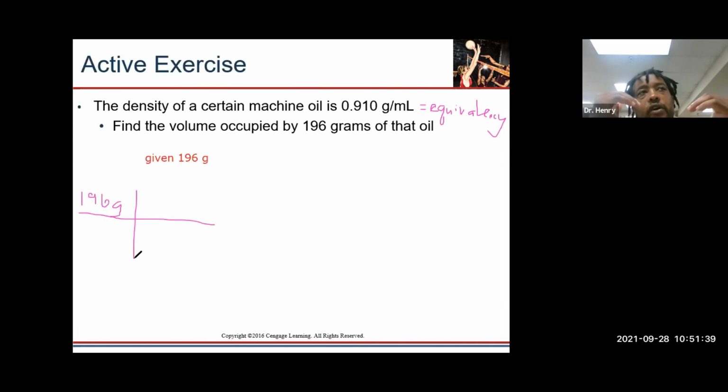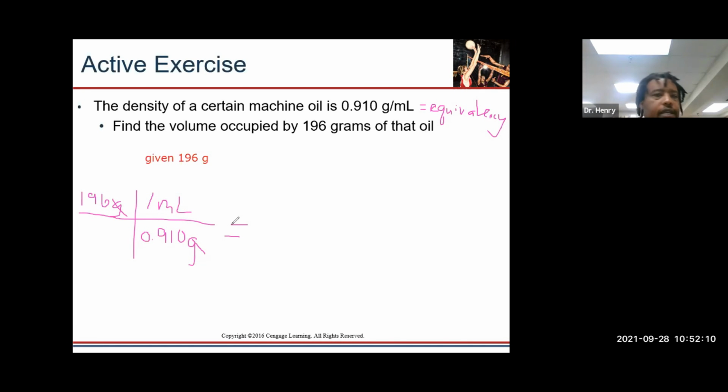So I want to put the grams on the bottom and I want to put the volume on top. So we have 0.910 grams. And we know that per milliliter means per 1 milliliter. So I'm saying 1 milliliter on top. So grams are going to cancel out. And then we're going to be left with milliliters.